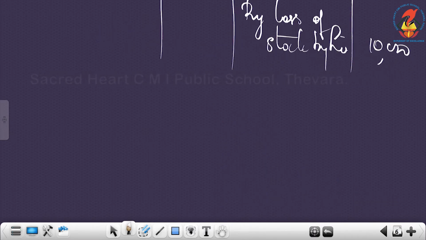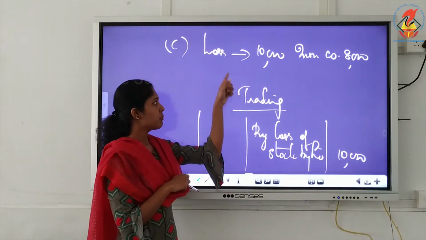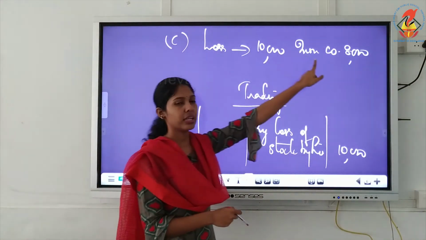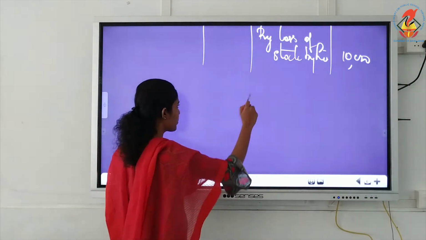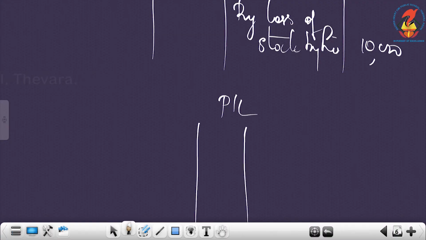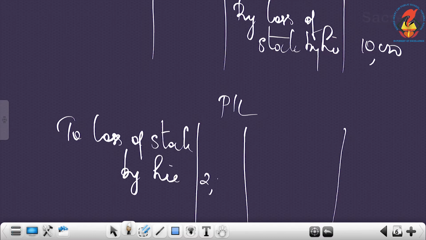Then, are we suffering any loss in this situation? Yes, we are. Because the loss is 10,000, we are getting only 8,000. So, 2,000 is a loss for us, which we have to show on the debit side of P&L. So, we will write loss of stock by fire, that 2,000 we will show. Again, it is not over.